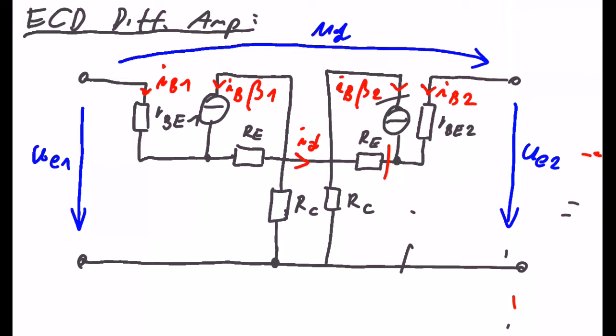And also we have signal voltages at our collector resistors. That's the output voltages UA1 and UA2.